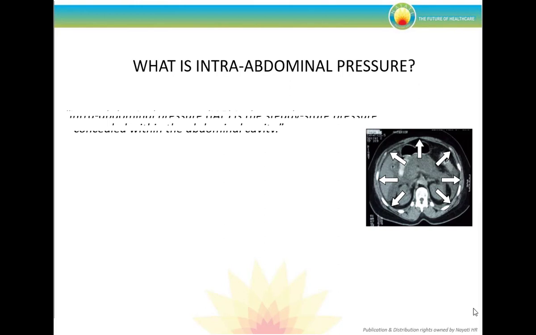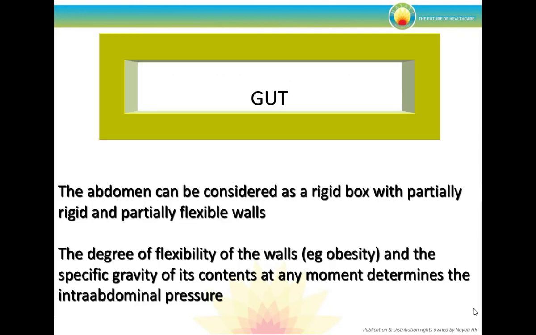So what is intra-abdominal pressure? Intra-abdominal pressure is the steady state pressure concealed within the abdominal cavity. The abdomen can be considered as a rigid box with partially rigid and partially flexible walls.